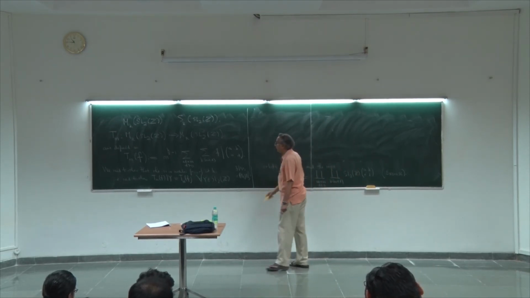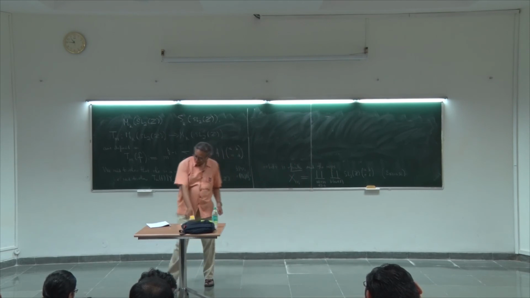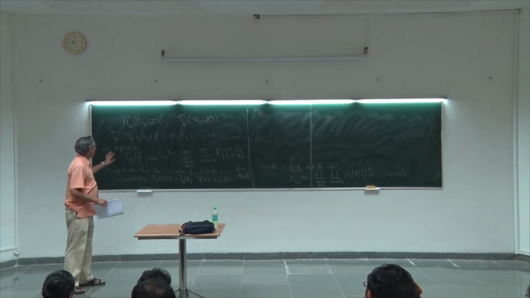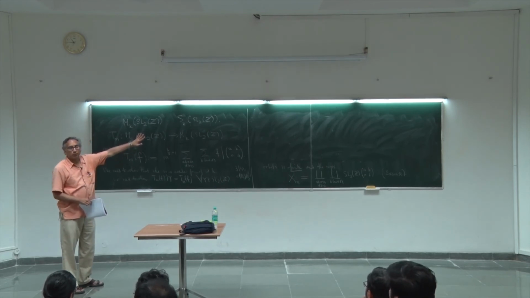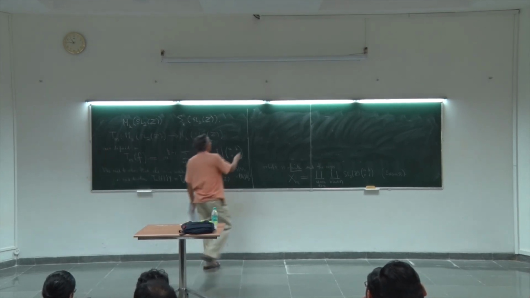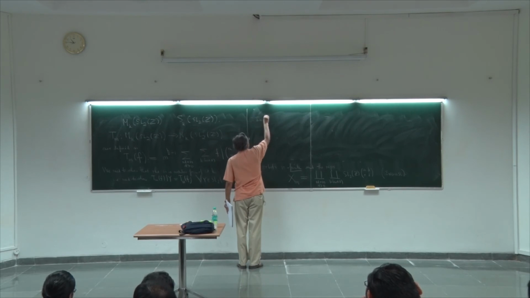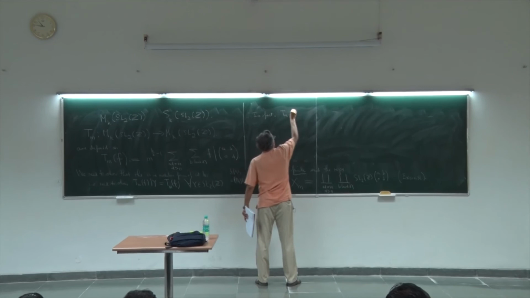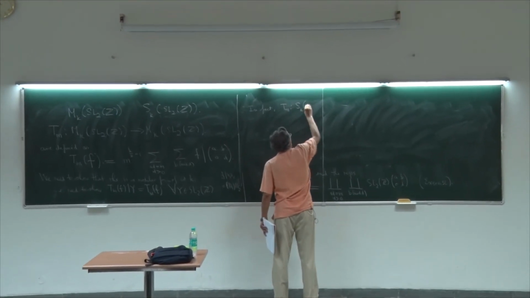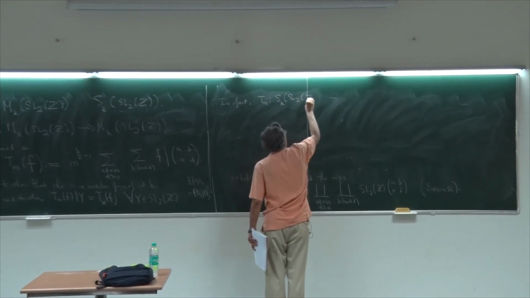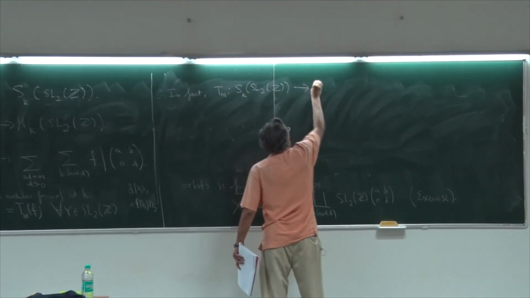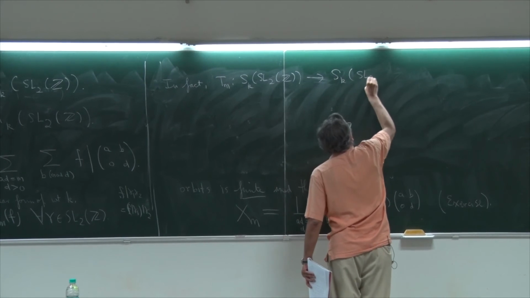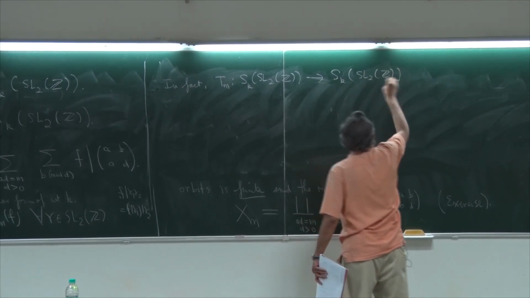The other point that I want to make is that, in fact, this is a linear transformation from the space of cusp forms to cusp forms. In fact, T sub m also maps S_k of SL2(Z) to itself. In other words, we already checked it's a modular form.